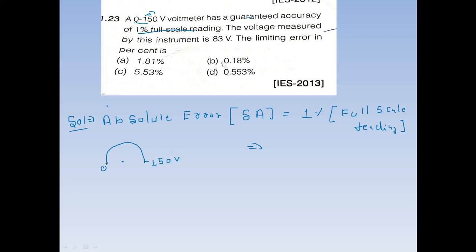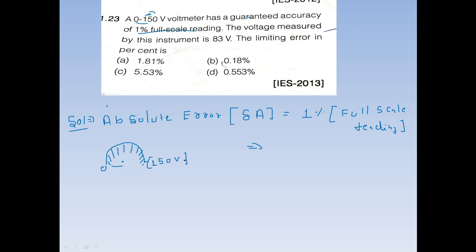This voltmeter has a small set of divisions and the last indicated value is 150 volt. So this voltmeter has a range from 0 to 150 volt. That is the full scale reading. The full scale reading is 150 volt.